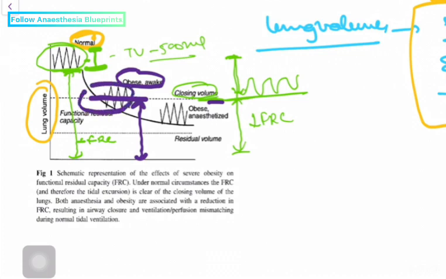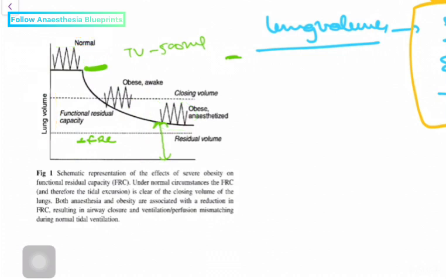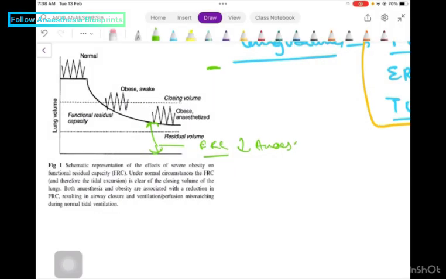But when anesthesia is given to an obese patient, FRC is further decreased. Now see these tidal volumes, FRC under anesthesia is further decreased.